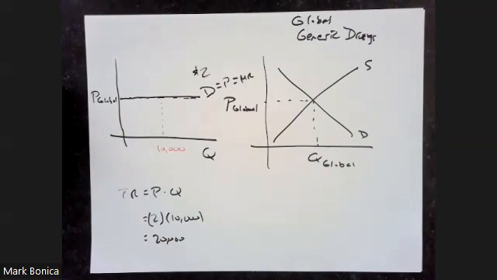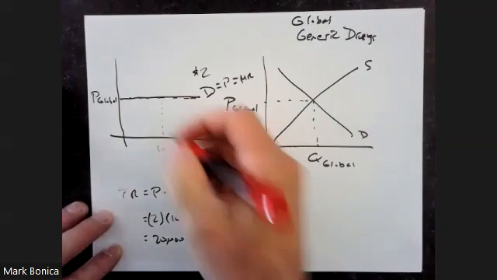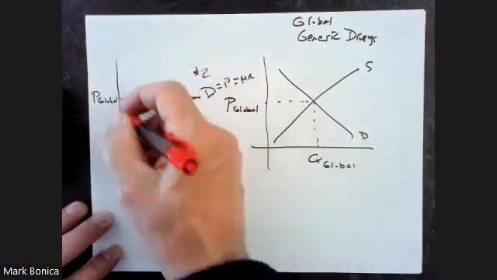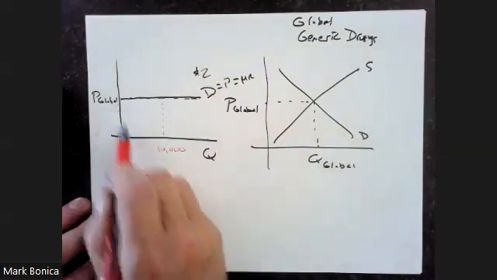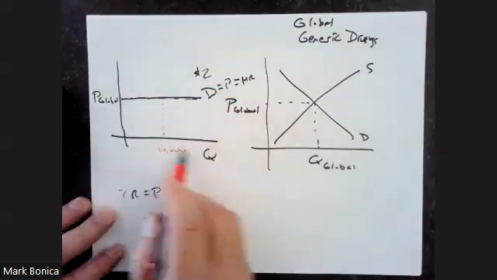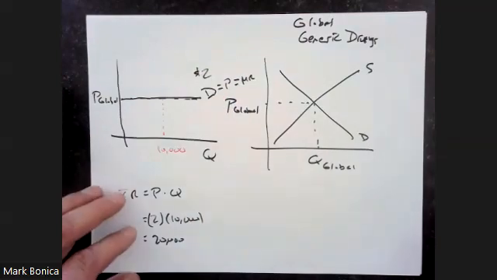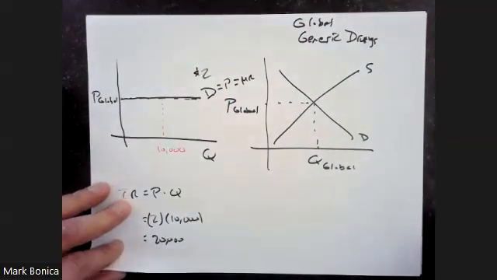It's not particularly interesting, but the way you know how much your total revenue is, you're just calculating the area of this rectangle, right? It is 2 high and 10,000 wide. All right.